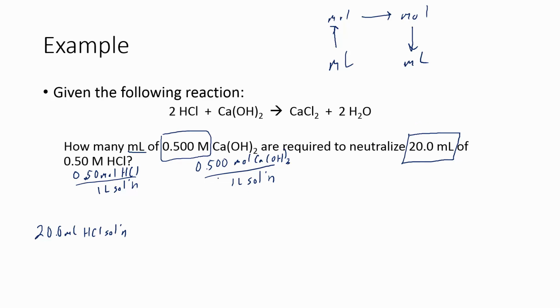Okay, so 20 milliliters of hydrochloric acid solution. Good. So we need to go from milliliters to moles. So to do that, I'm going to need to be in liters. So liters, milliliters. Good. Now I'm in liters of hydrochloric acid solution. So now I can go to moles.